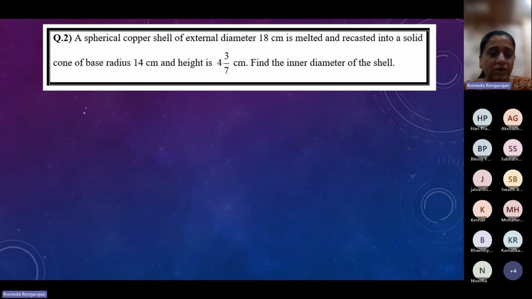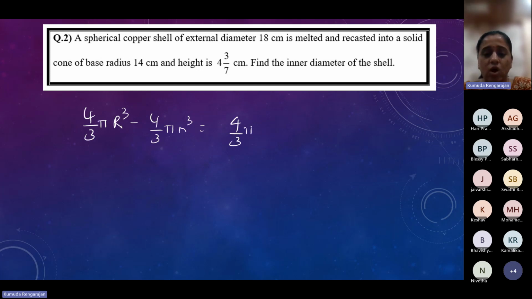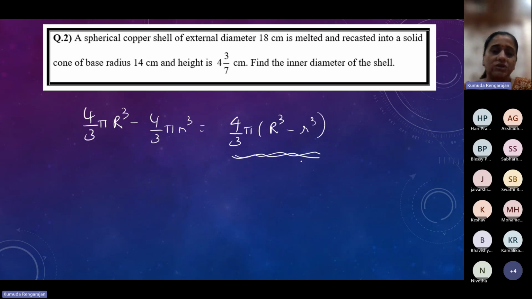So here it will be 4 by 3 pi capital R cubed minus 4 by 3 pi small r cubed, where you can take 4 by 3 pi common, R cubed minus r cubed. This is the expression you have to use to find the volume of this spherical copper shell.